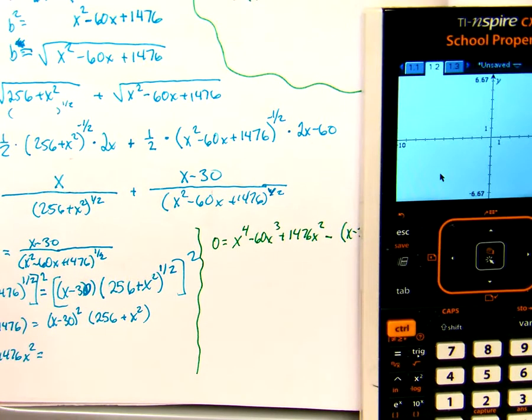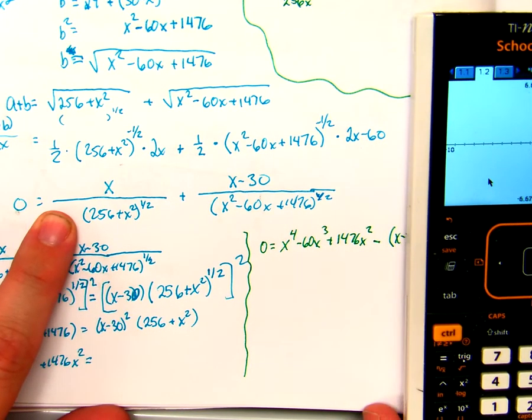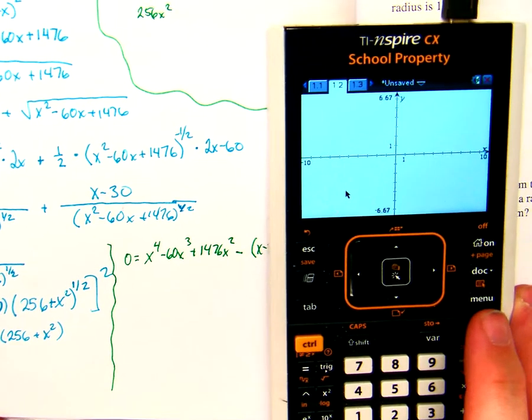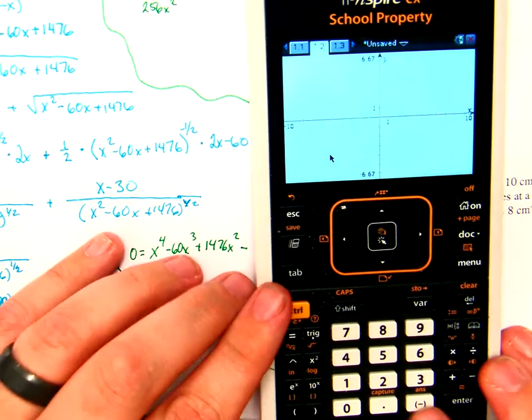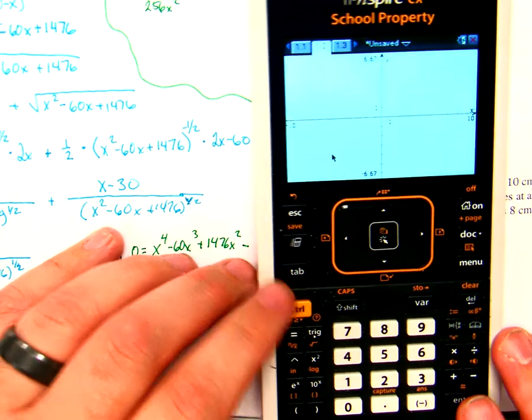And I'm going to plug in the 0. I'm going to go 0, because that gives us one line.